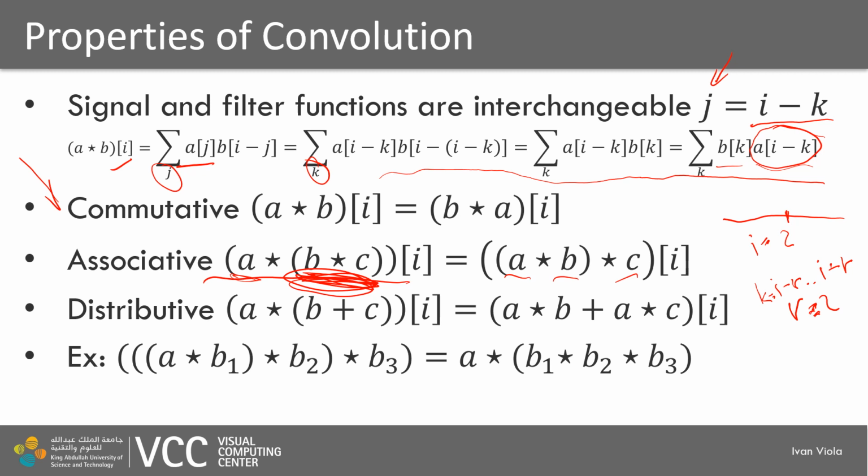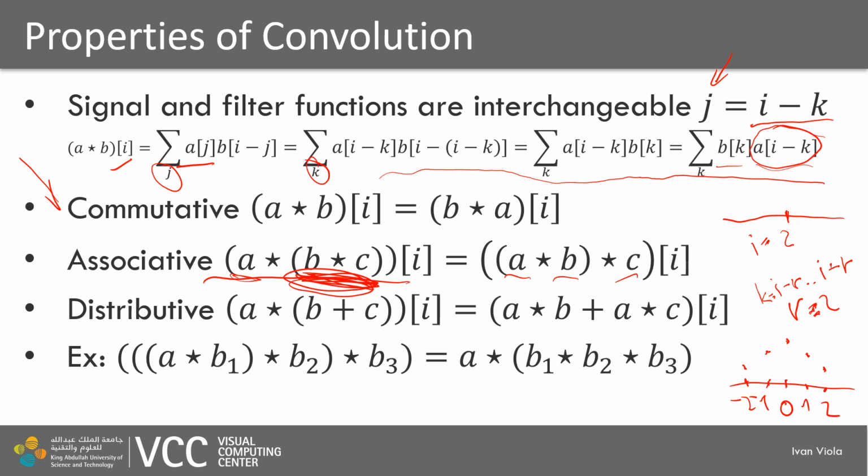So if we now have a certain filter, with indices -2, -1, 0, 1, 2, we have our filter here. So these are the values of our filter.